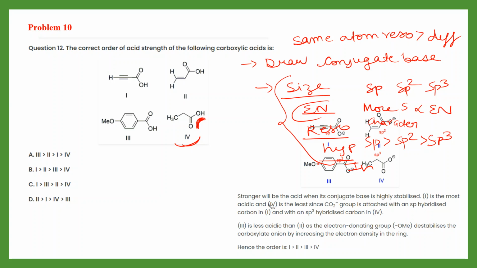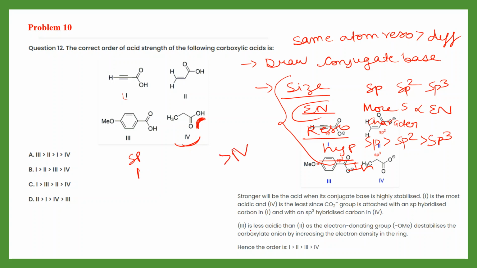One is the most acidic and fourth is the least, since CO2 negative is attached to an sp hybridized carbon in one, and in the fourth it is attached to an sp3 carbon. So among one and four, things are clear. Let me change ink. So among first and fourth, first is ahead due to sp and fourth is last.